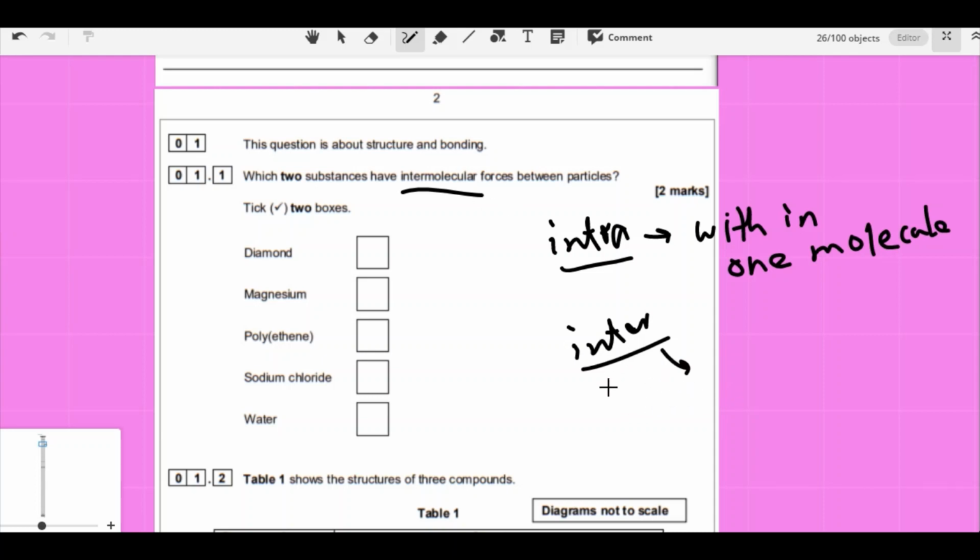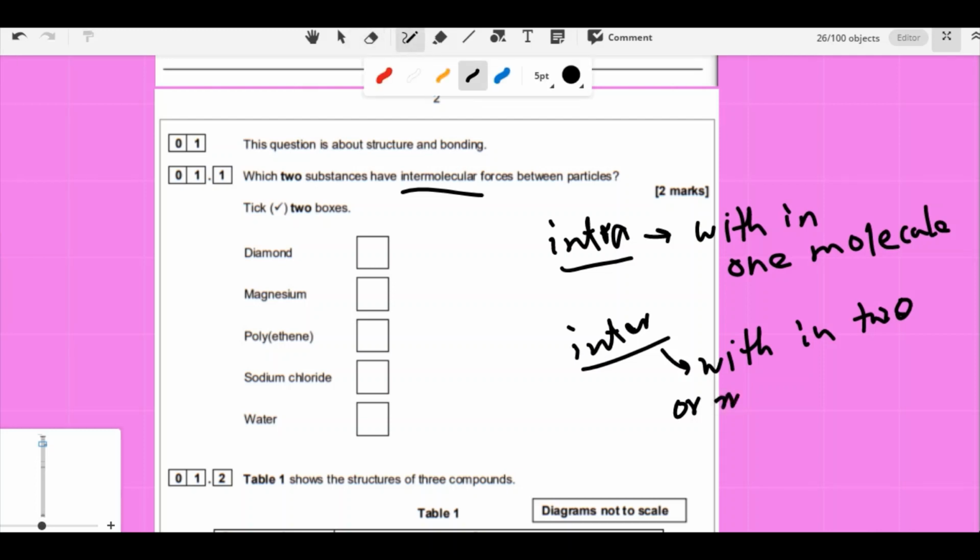So it means it is present between two or more than two molecules.